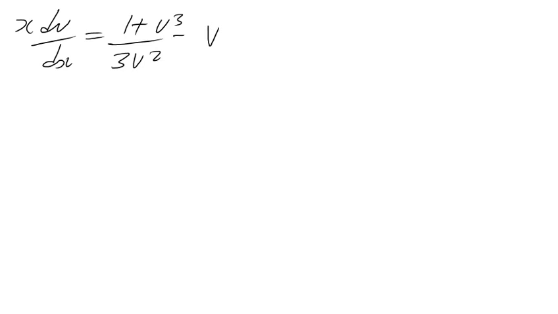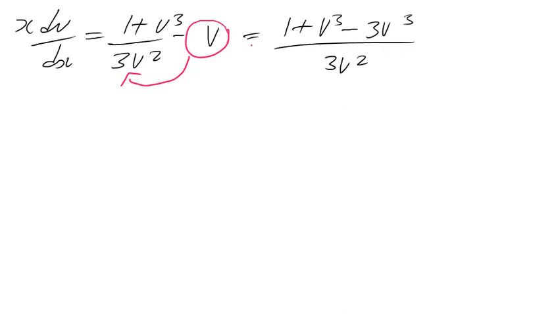Remember, on the previous session I said you take this and multiply it with that. So it will be 1 plus v cubed minus 3v cubed divided by 3v squared. You subtract the like terms, and you have 1 minus 2v cubed divided by 3v squared.